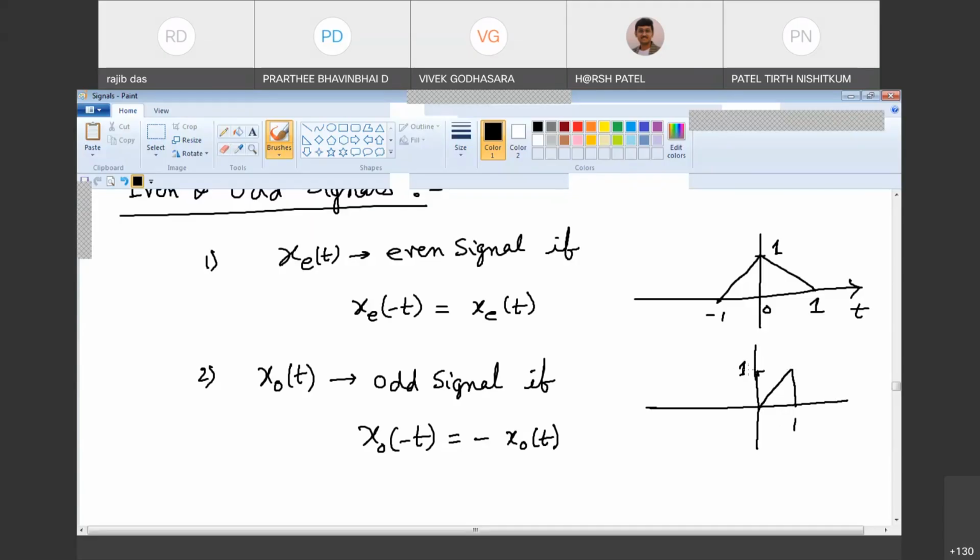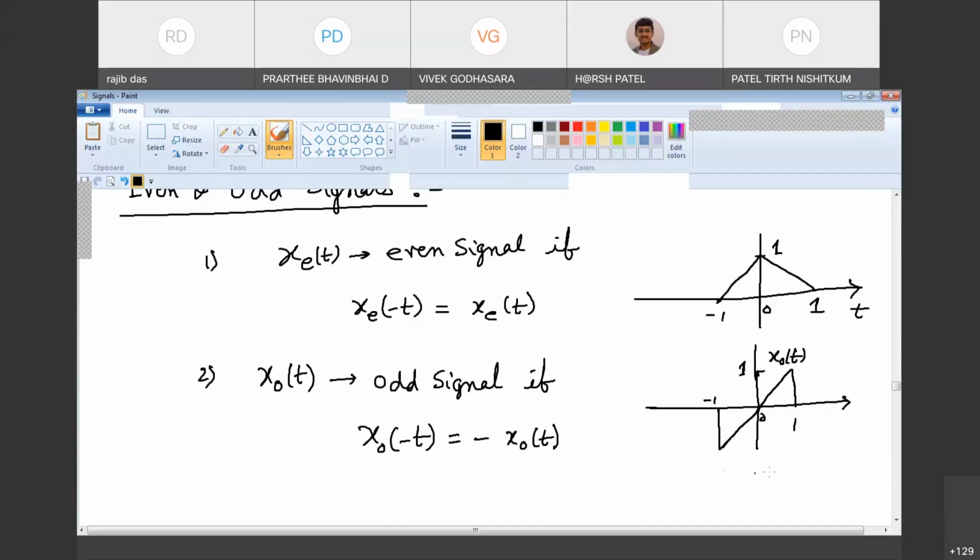Okay. And the negative side should be this side, minus 1. This is your x_o(t). Sorry, yeah, x_o(t).